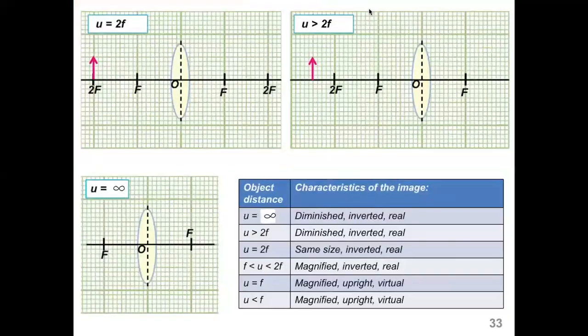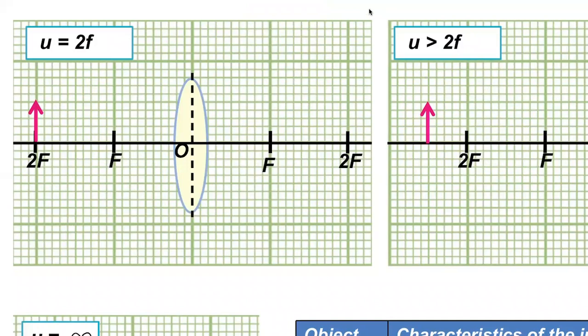Right now we will try to draw the ray diagram for when the object is exactly at 2F, or you can say exactly at the radius.